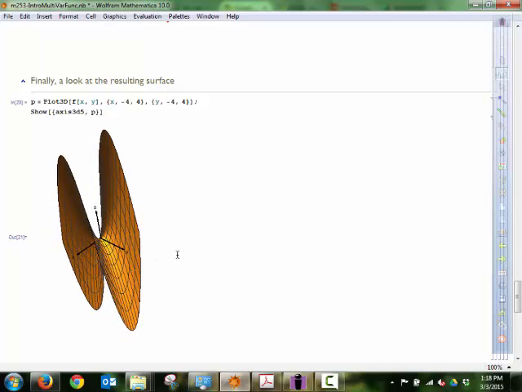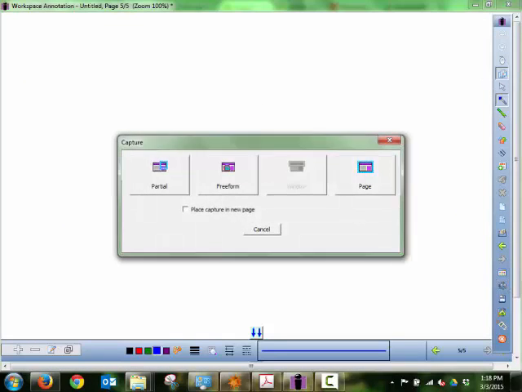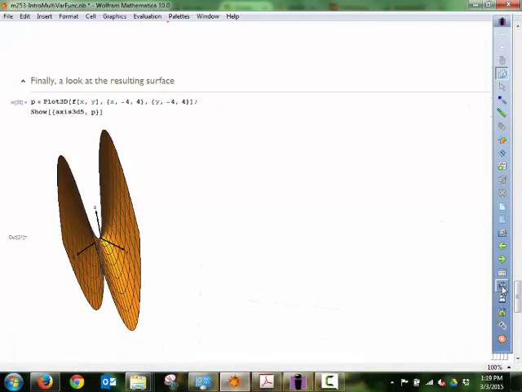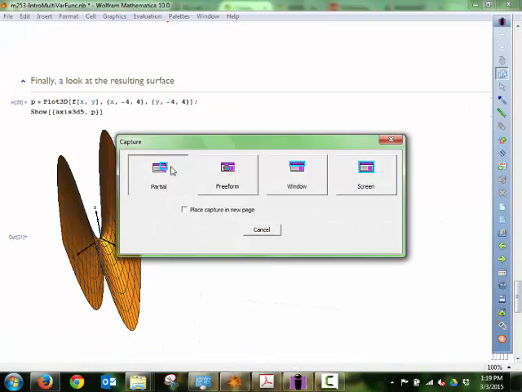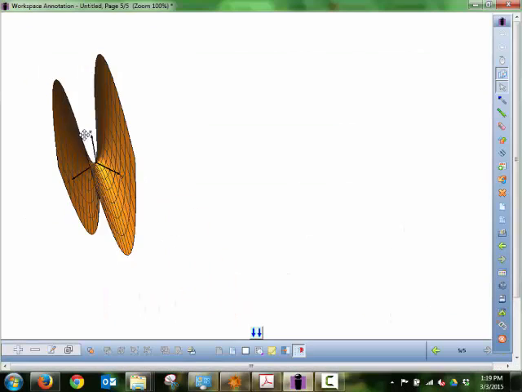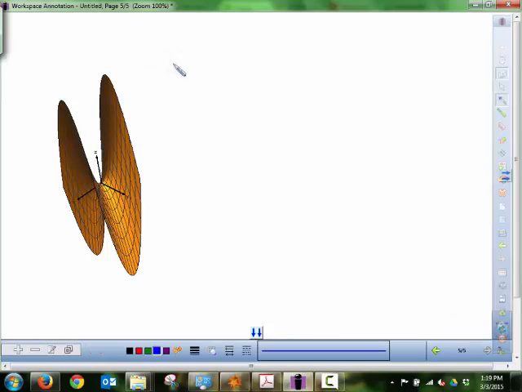And this is our saddle. So this is your graph.